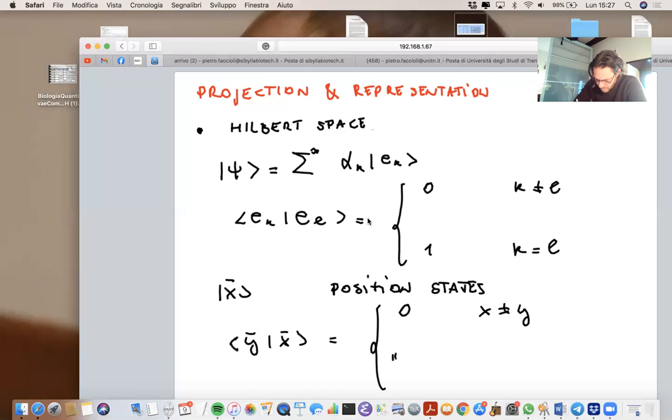And it should be something like 1 if x is equal to y, but it's not 1, because what you really want is the integral.